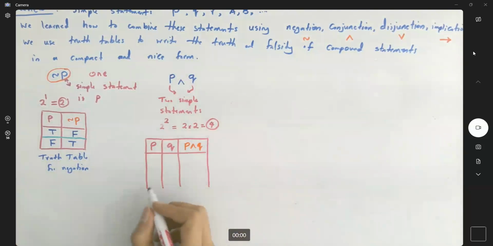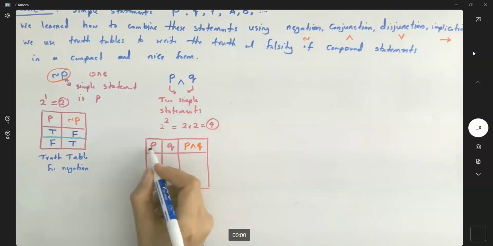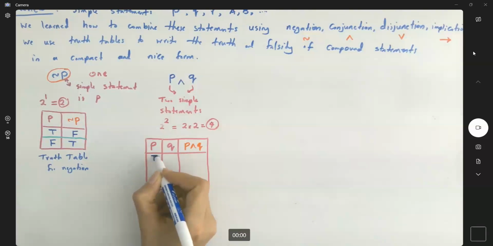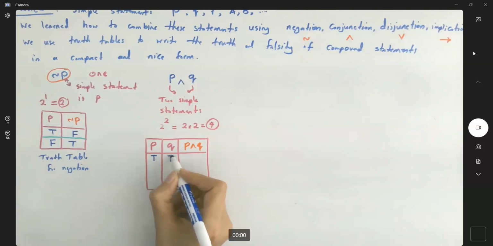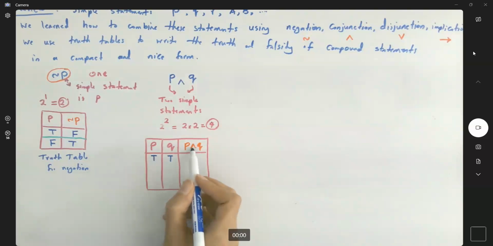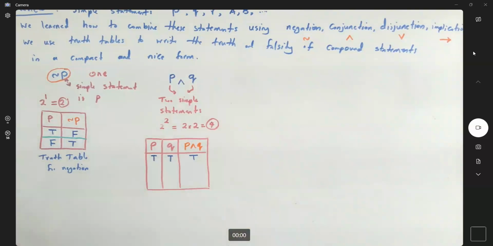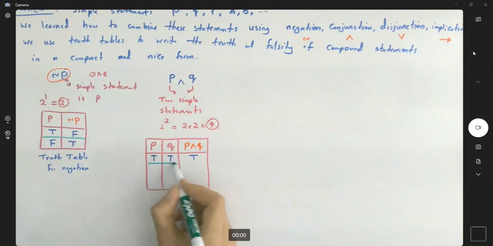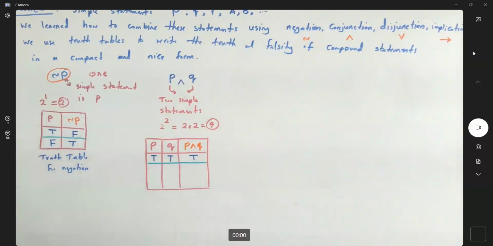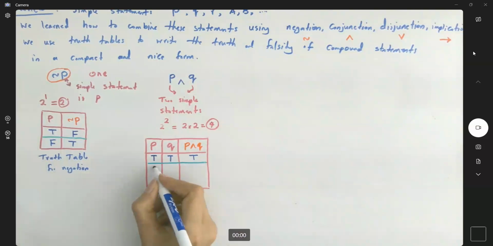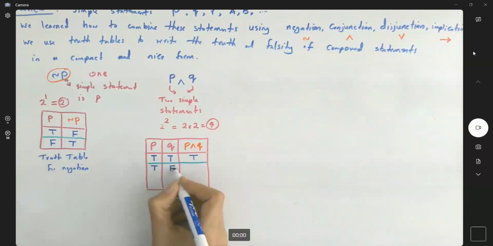In logic, what we learned is that the very first combination of these 2 statements, true, true, true and true in logic is always true. We memorize this. What if my first statement is true and the second statement is false?